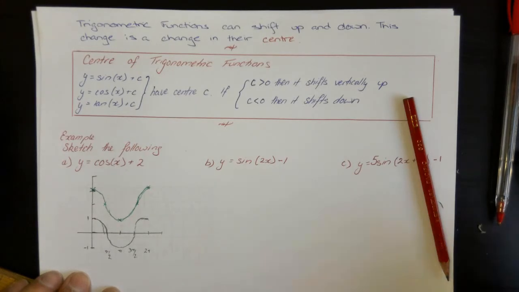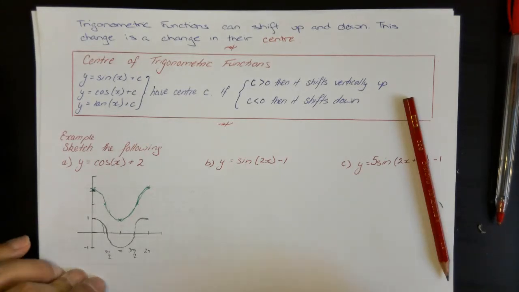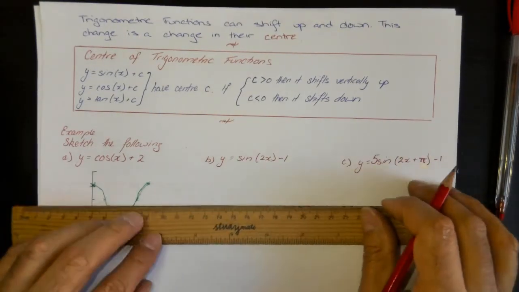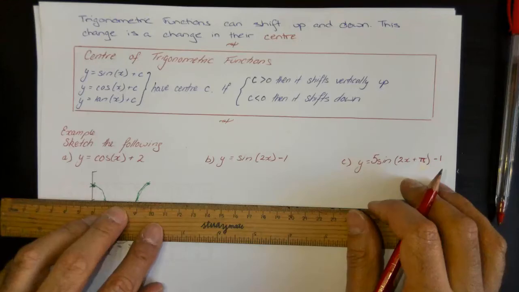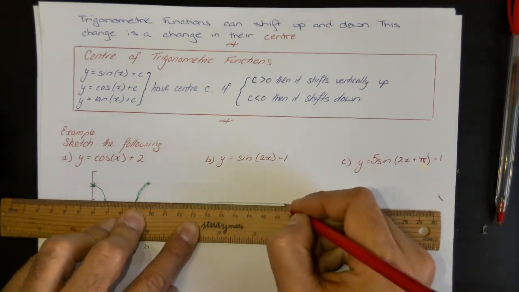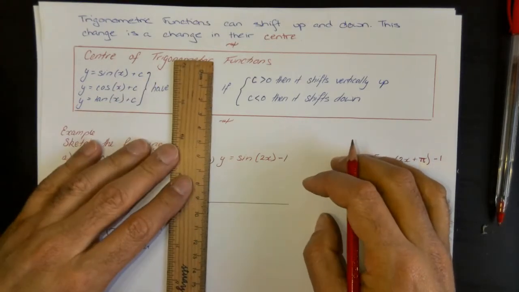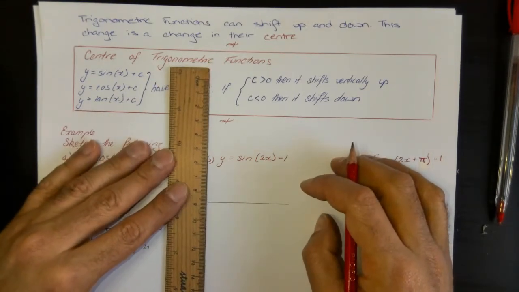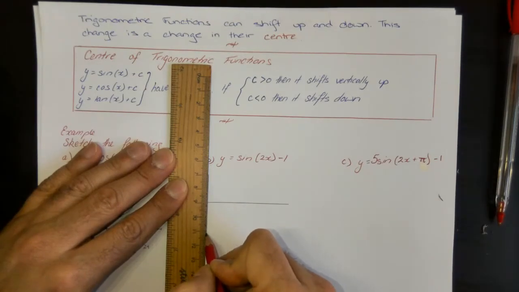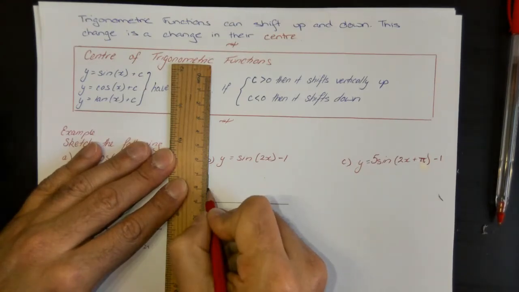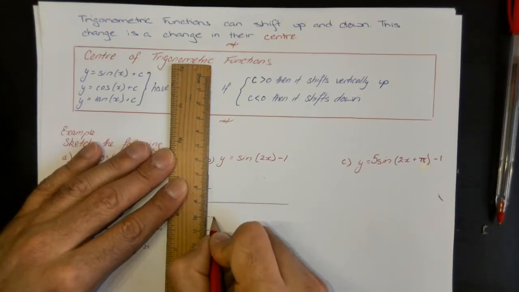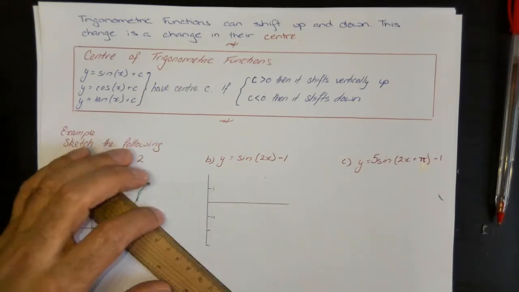Alright. Here we have y equals sine of 2x minus 1. Okay. So we've got a couple of things happening. Minus 1, 1.